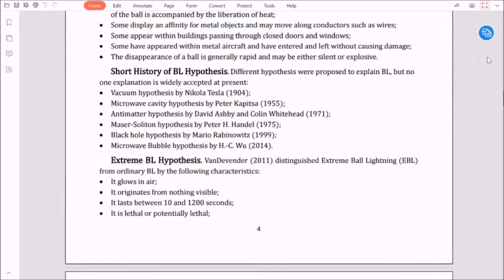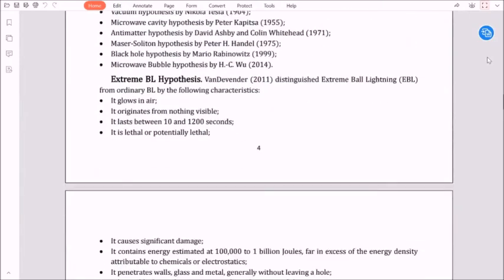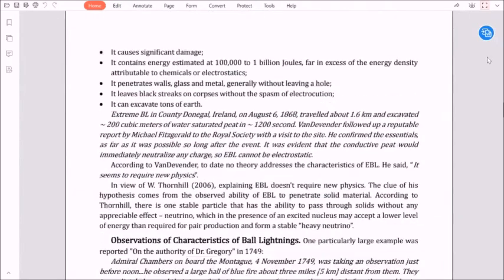It is lethal or potentially lethal. It causes significant damage. It contains energy estimated at 100,000 to 1 billion joules, far in excess of the energy density attributable to chemicals or electrostatics.